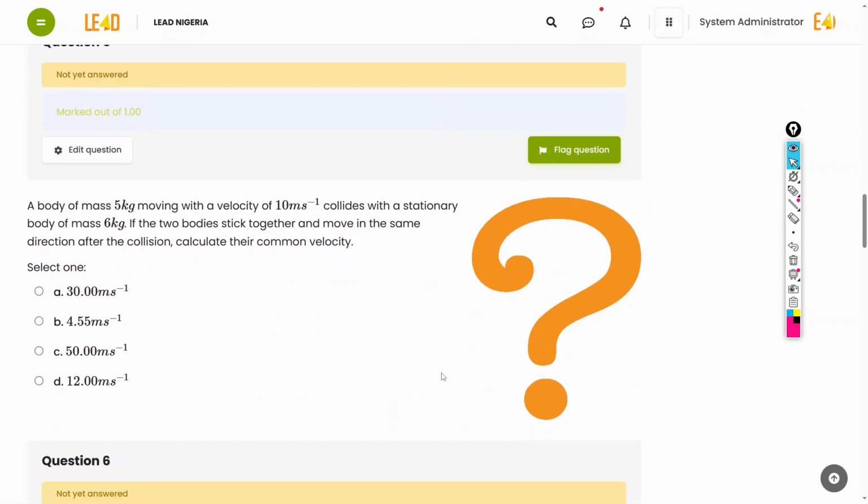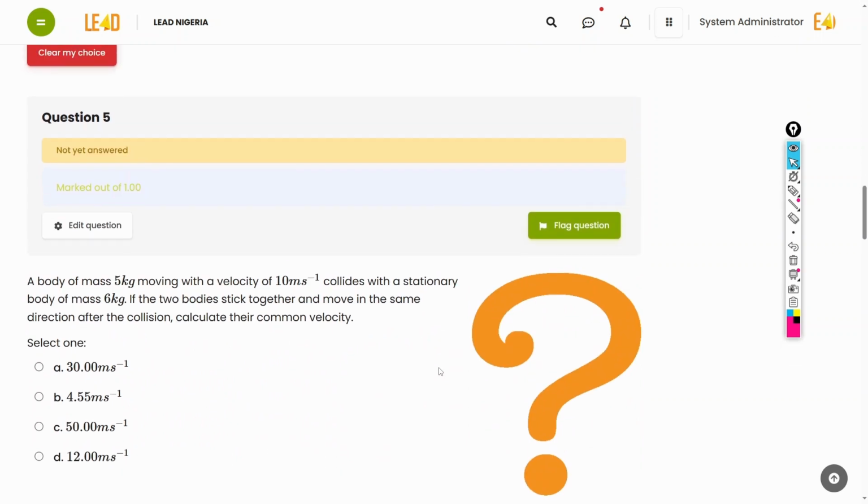All right, question 5 says, a body of mass 5 kg moving with a velocity of 10 meters per second collides with a stationary object of mass 6 kg. If the two bodies stick together and move in the same direction after collision, find their common velocity. Right. So we're going to use the law of conservation of linear momentum.